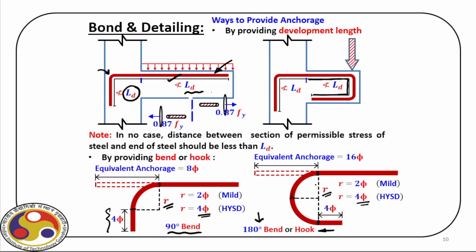In case of anchorage, the equivalent anchorage length is 16 phi. So we can provide a 90 degree bend, or we can also provide a hook of 180 degree. If we provide a hook of 180 degree, then the anchorage strength will be more compared to 90 degree.